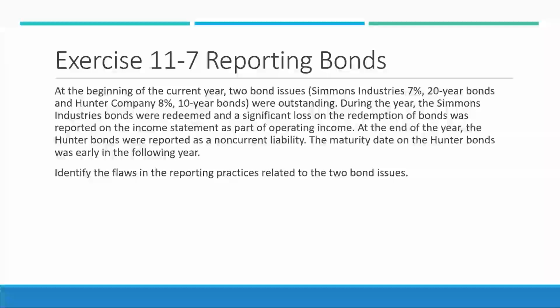And there's a couple financial reporting issues in this example here in this long-term debt footnote. And it says, in the beginning of the current year, 2 bond issues, Simmons Industries for 7%, 20-year bonds, and Hunter Company for 8%, 10-year bonds were outstanding.